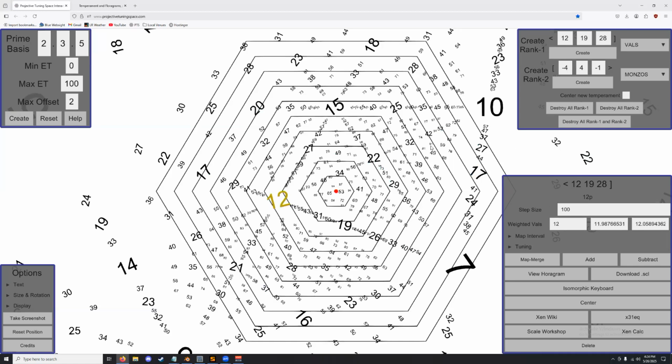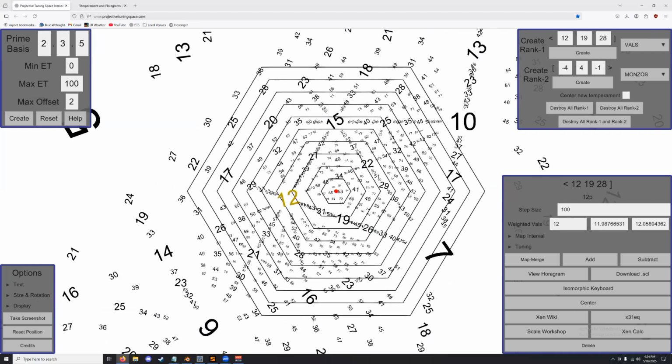Then 12 divided by log base 2 of 3 gets you close to 19, a little bit off. And then 12 divided by log base 2 of 5 gets you close to 28. You round them and you get the patent val, and that's typically the best tuned version.